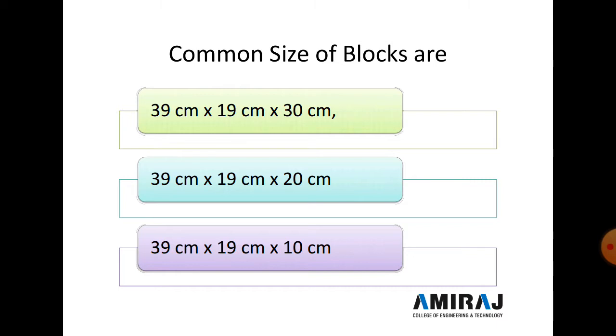Some of the common sizes given are 39 centimeter length, 19 centimeter width, and 30 centimeter height. The second size is 39 by 19 by 20, and the third size is 39 by 19 by 10 centimeter. All the dimensions are given in centimeters.